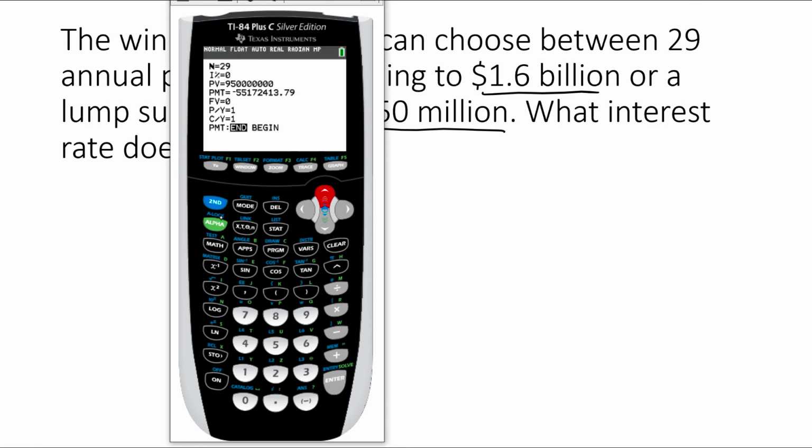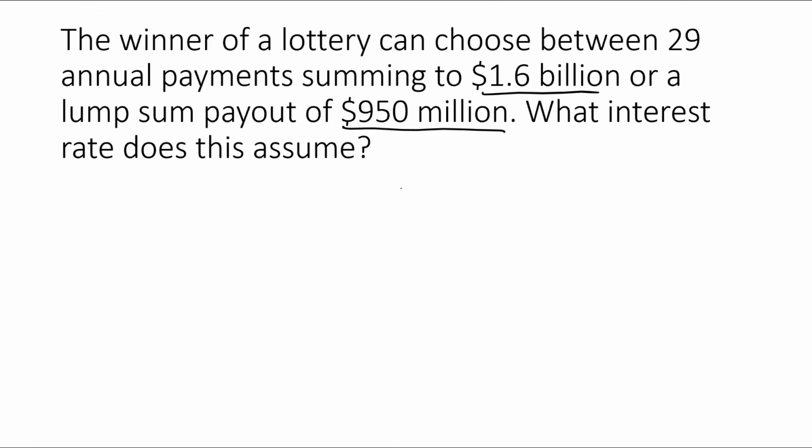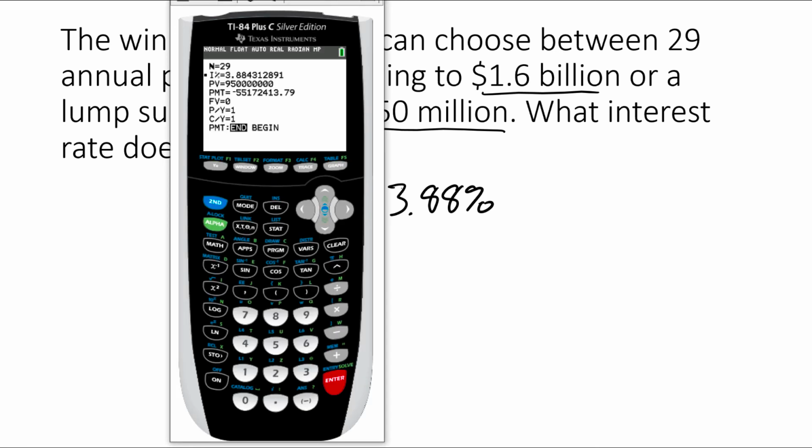All right, let's go ahead and solve for this. What we get is 3.88% interest. What that means is that $950 million today is worth the same amount as $1.6 billion paid out over 29 years at 3.88% interest. That's what the present value of something is: how much something is worth right now.